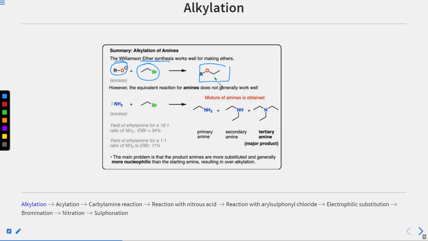Similarly, if rather than using RO minus we use NH3 and an alkyl halide, then it results in a mixture of primary, secondary, and tertiary amines. We have seen this reaction when using it for the preparation of amines.